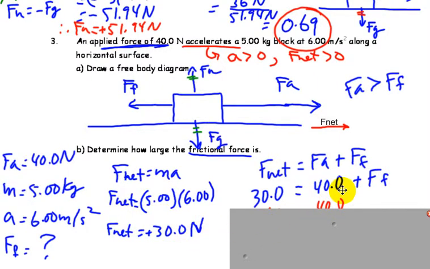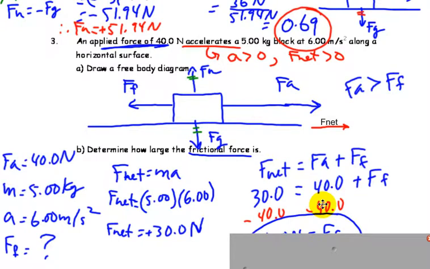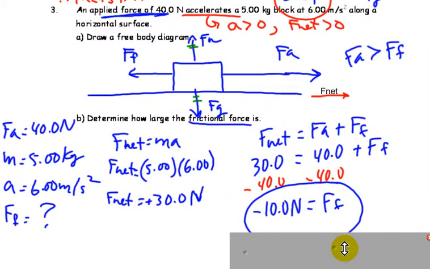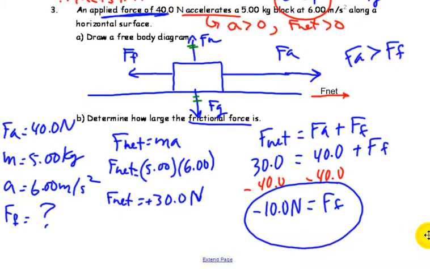And our applied force of 40, so you can see here what the answer is going to be. Obviously, Ff has to be negative 10. 40 combined with negative 10 will give me 30. But mathematically solving for that, subtract 40 from each side, and I get the force of friction is negative 10.